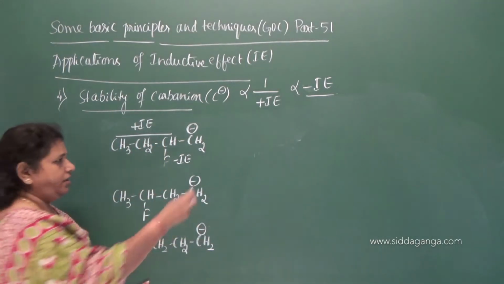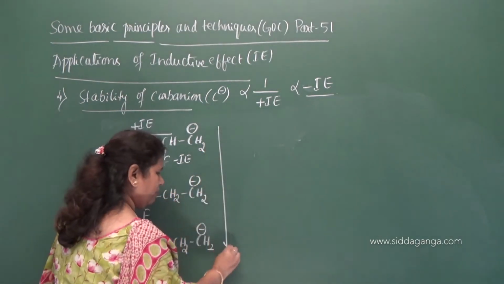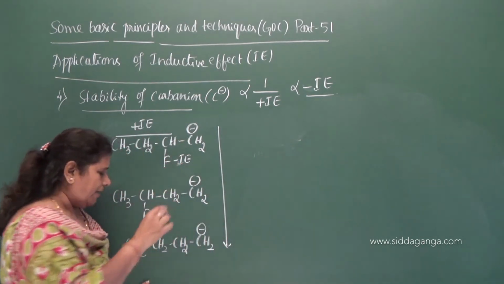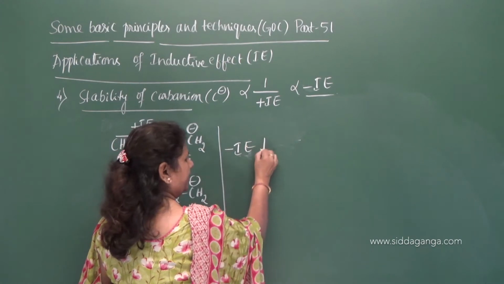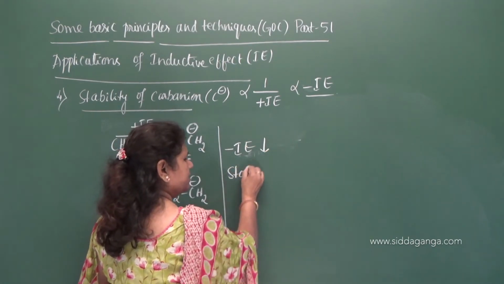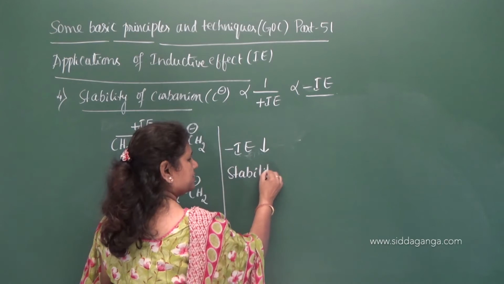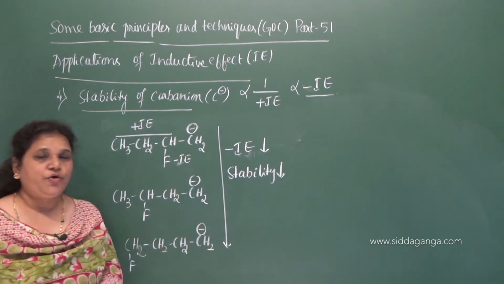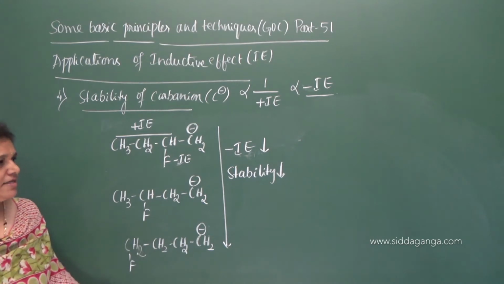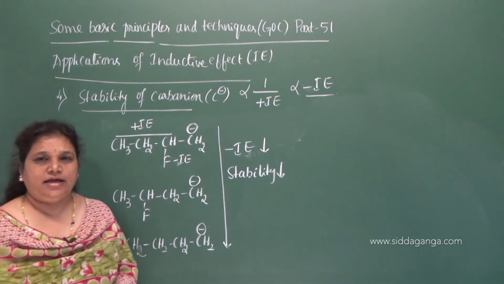From here to here, what happens? The magnitude of minus I effect decreases, therefore stability decreases. Stability decreases.